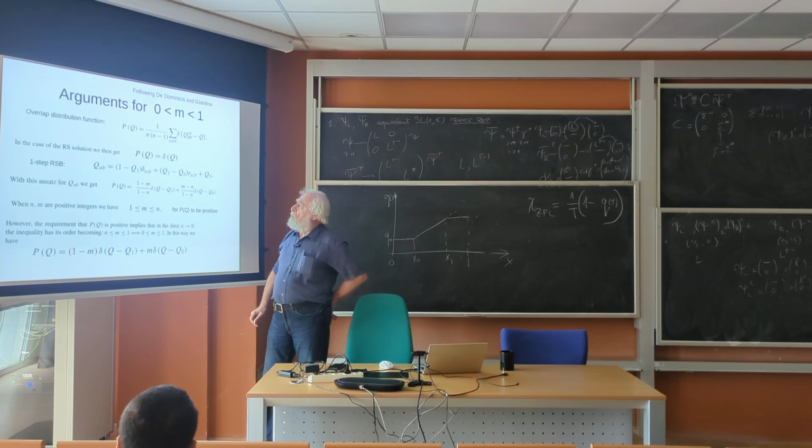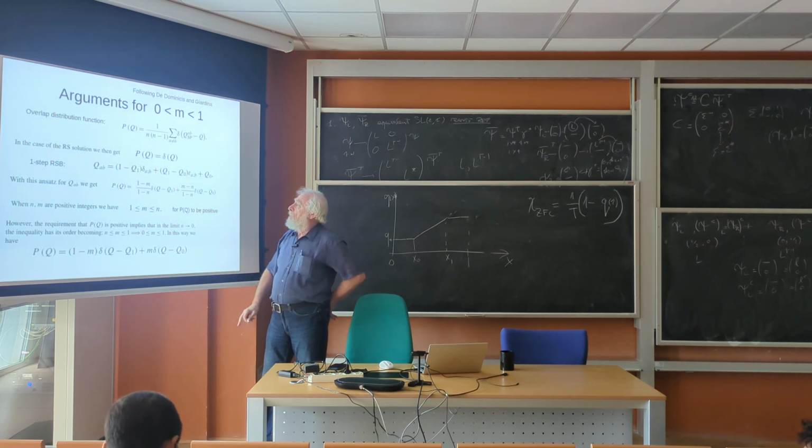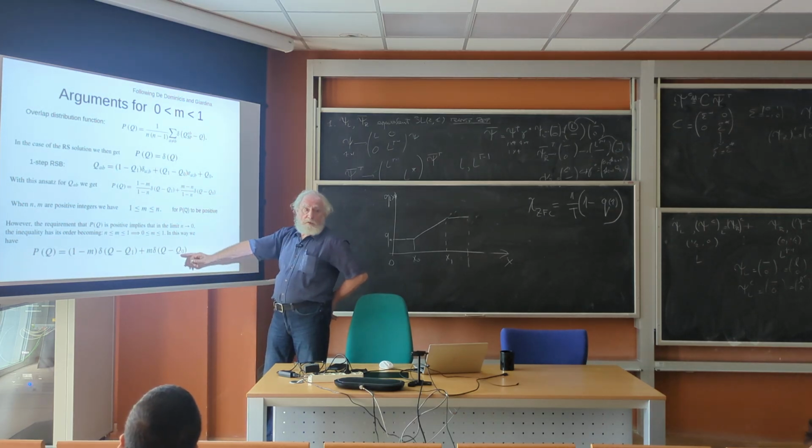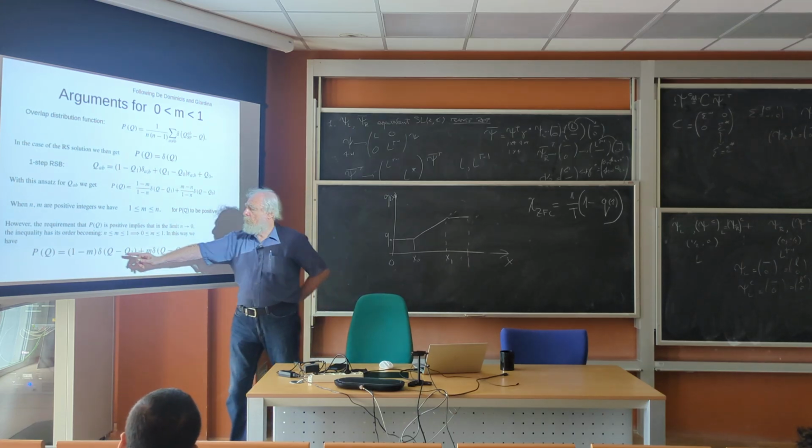It is a probability distribution, so it should be positive. And the coefficients here in the limit of n going to 0 become this. So from the condition that the probability distribution is positive, we conclude that this should be positive and this should be positive.